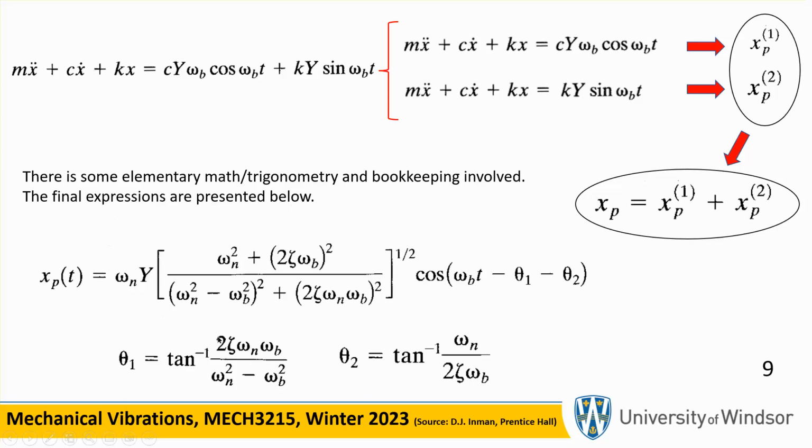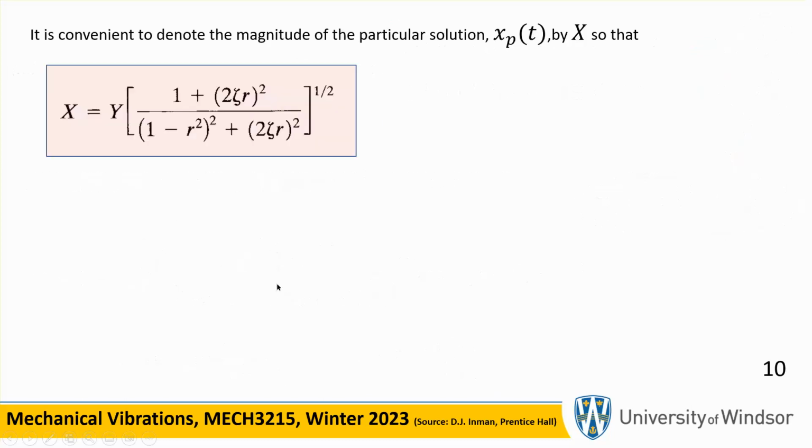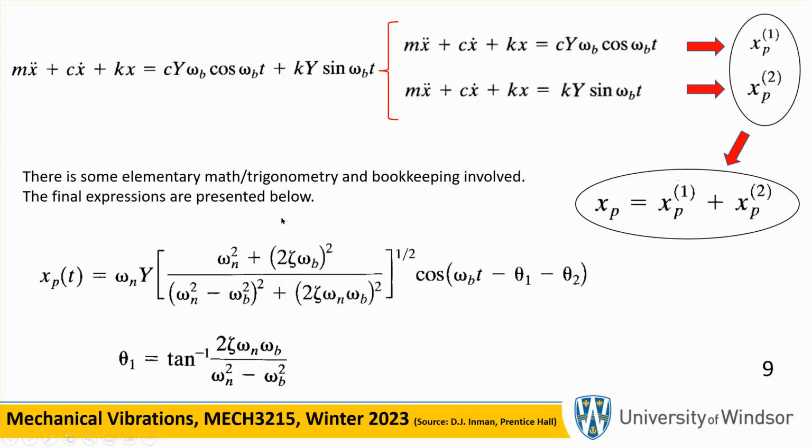The amplitude is ugly. It's right here. And there is a phase. So the amplitude of this xp, which we call big X, remember, big X is the amplitude of little xp.